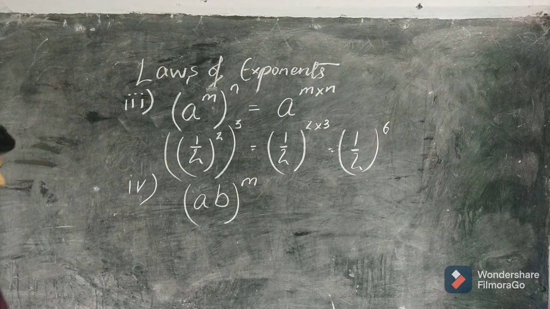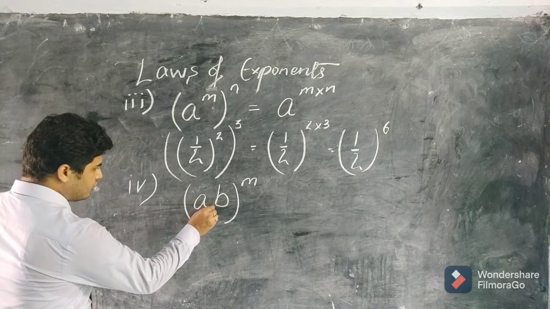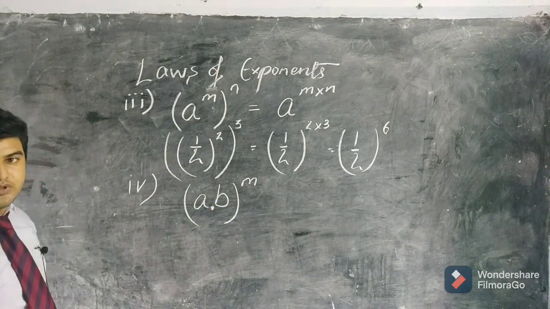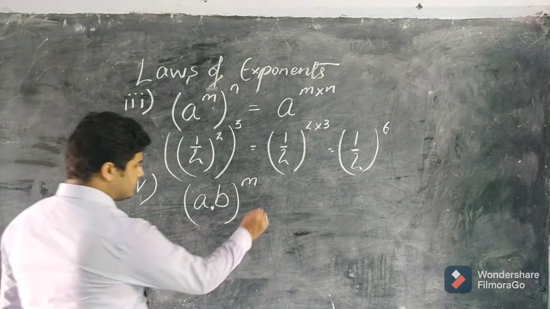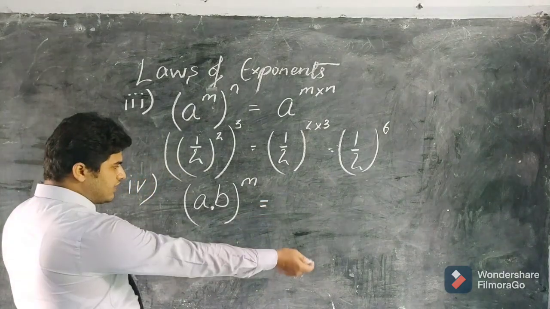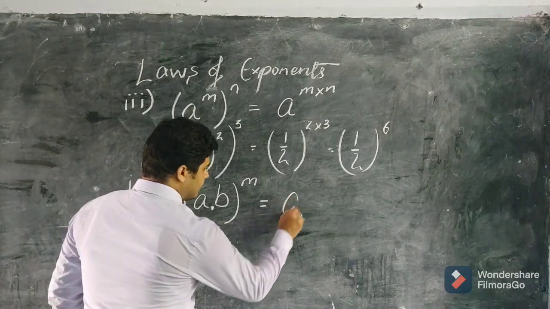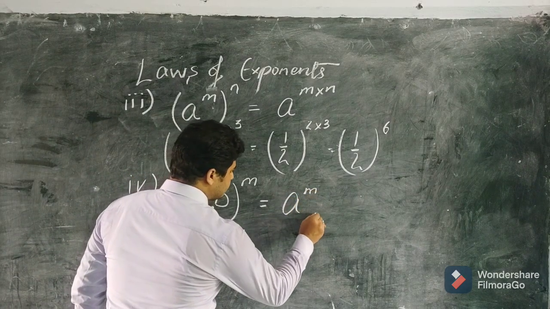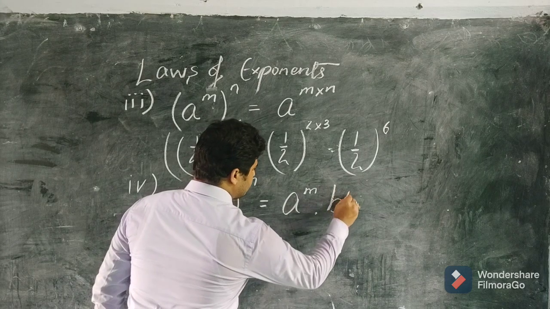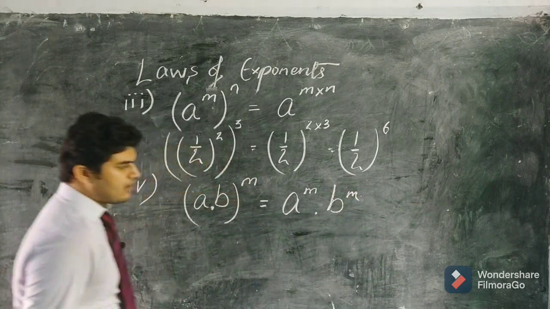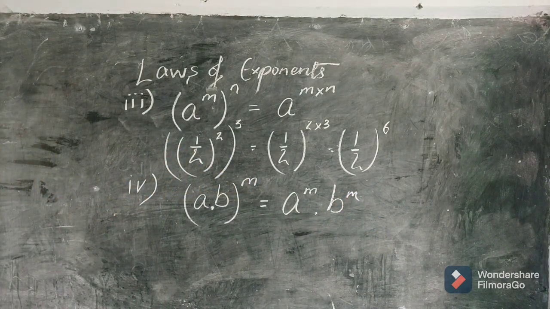This A and B means A is multiplied to B. So this can be written as, this power m will be transferred to both of the numbers. So it can be written as A to the power m multiplied by B to the power m.